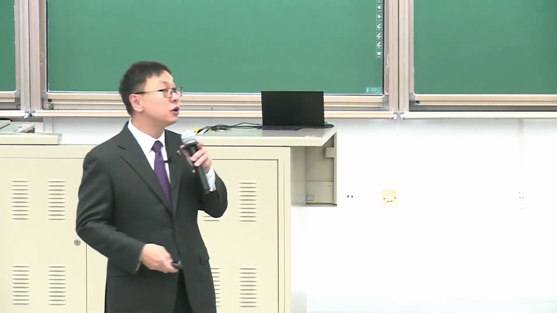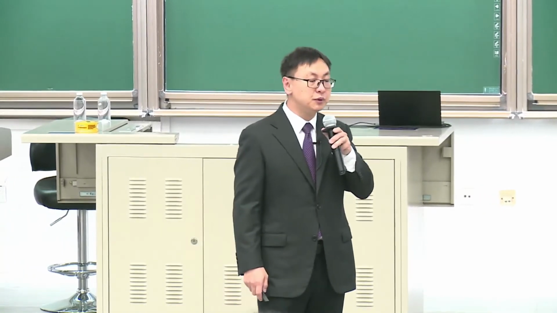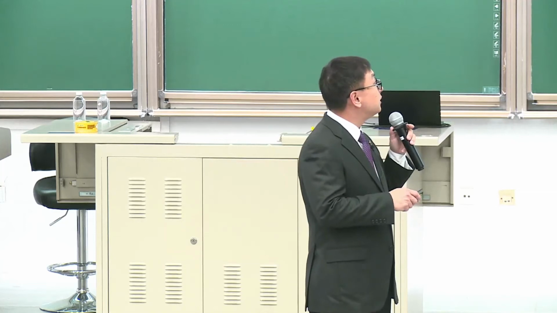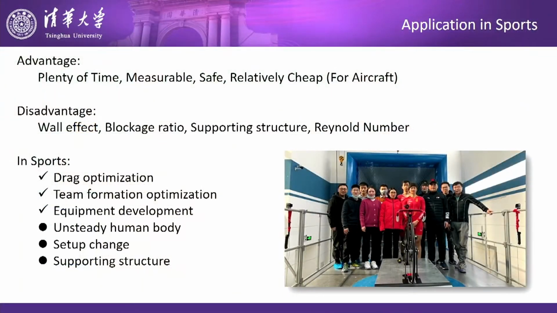So this blockage ratio should not be over 3%. Maybe we can allow it to 7%, but no more. And we have to use some supporting structures. Some are used to fix the equipment. Some are used to make the athletes steady. Because even athletes, their muscle is still shaking. This shaking can affect the force signal.